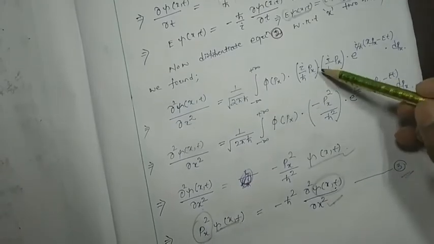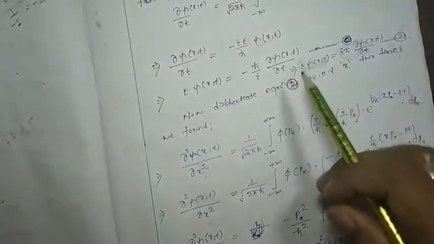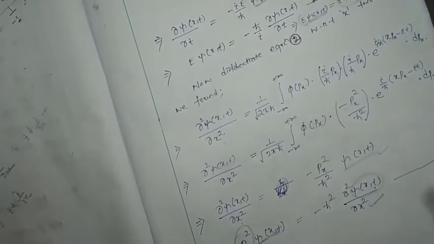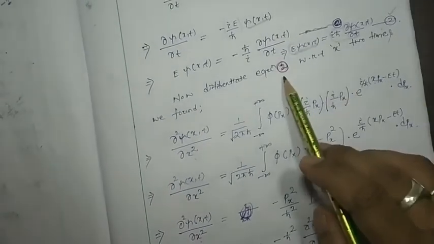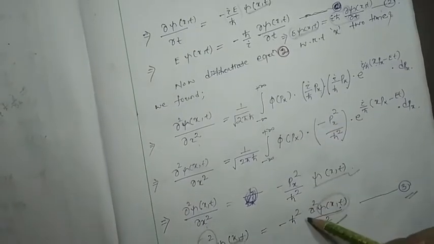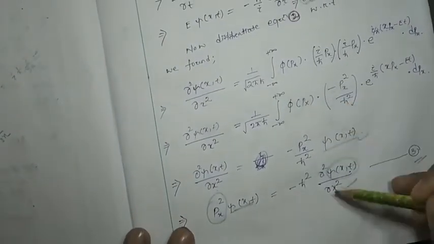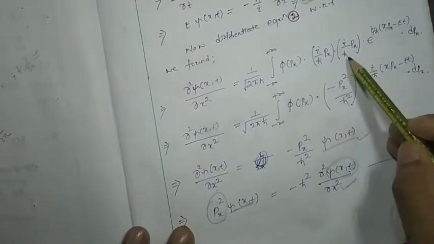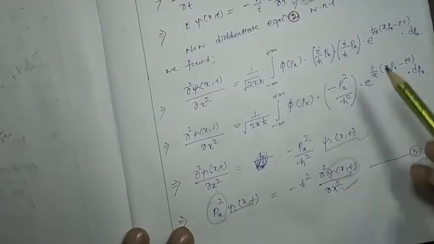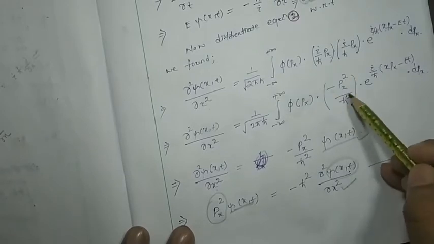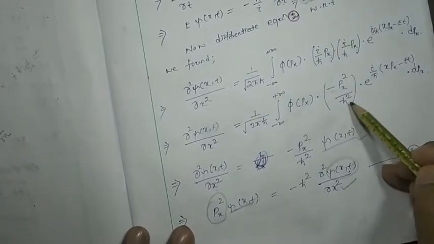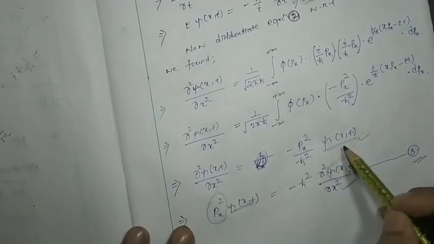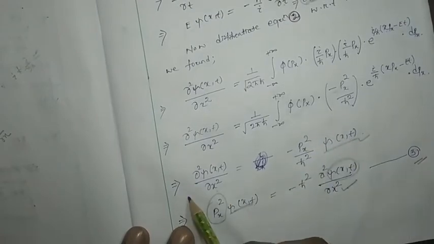So first of all we have to check once again that this expression, from this heading, we got from equation number 2. After differentiating equation number 2 we got this expression. Okay, first we have to recheck. It is i by h cross px, i by h cross px. Okay, so minus px square by h cross square del psi(x,t) will be this much.